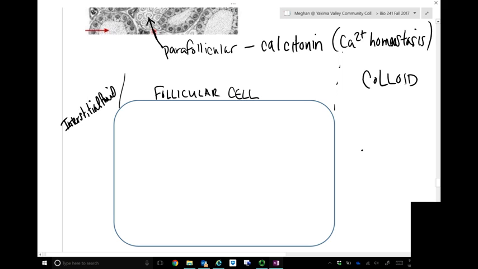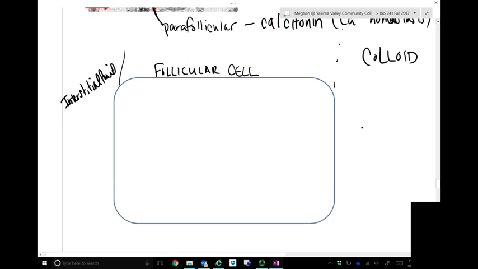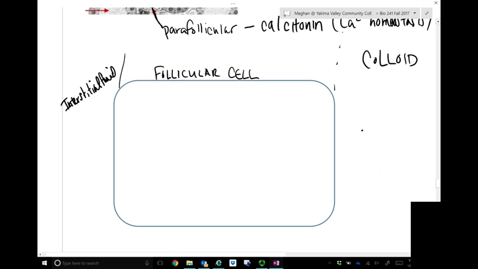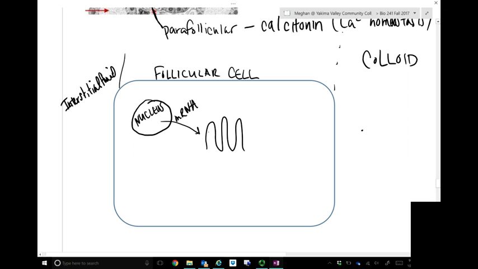All right, so we've gotten a cellular signal that says it's time to start making some T3, T4, and that signal is going to start a reaction that happens in the nucleus. So if it's coming from the nucleus, what kind of structure are we probably going to make? Yeah, we're going to end up making a protein. So we're going to make mRNA, and it's going to head to the rough ER, where we've got ribosomes, right?